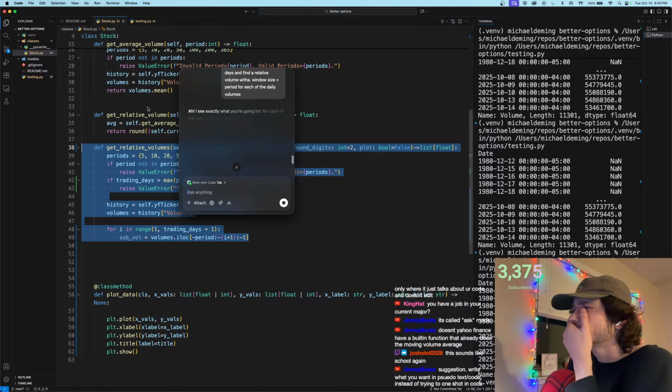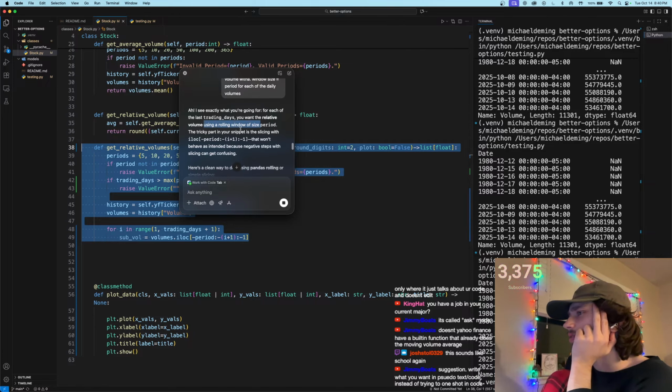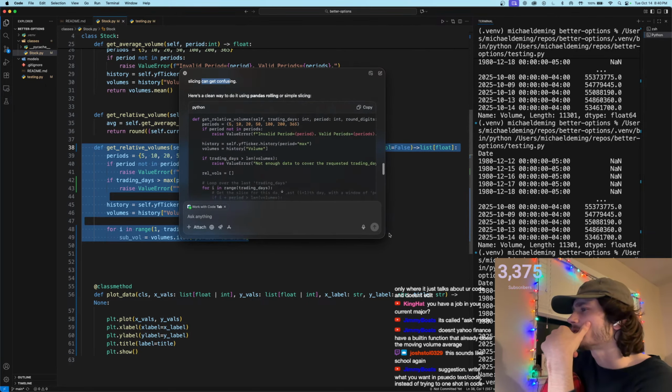Right? Relative volume with a rolling window for each period. This is the tricky part. You're just typically slicing with this. Here's a clean way.